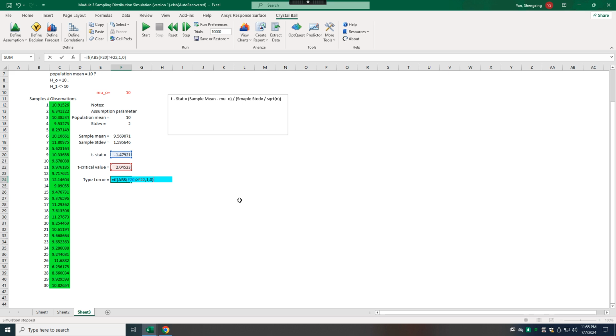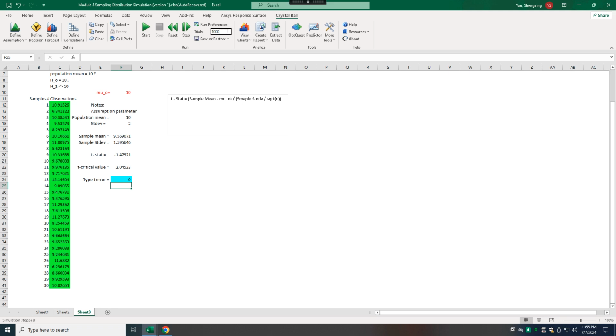Then as the simulation runs, it will be different trials. In each trial, the type 1 error will either happen or not happen. Here we put 10,000 rounds. Let's put 1,000 rounds first.